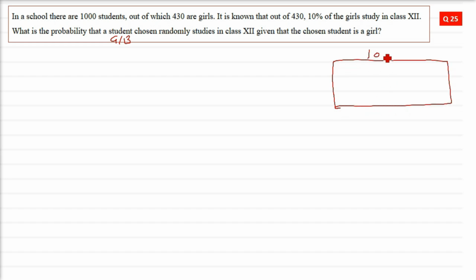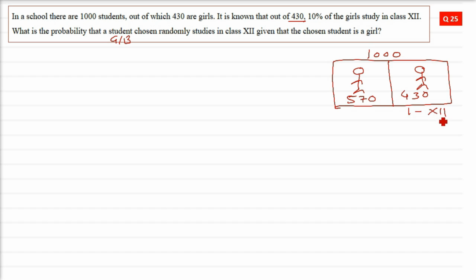In a school, there are 1000 students in all. In these 1000 students, there are boys and girls. 430 girls are told to be present in the list. 570 are the boys. We don't have to worry about the boys because the question is all about the girl probability. Now the second thing which is being told is out of these 430 girls in all, 10% of the girls study in class 12.